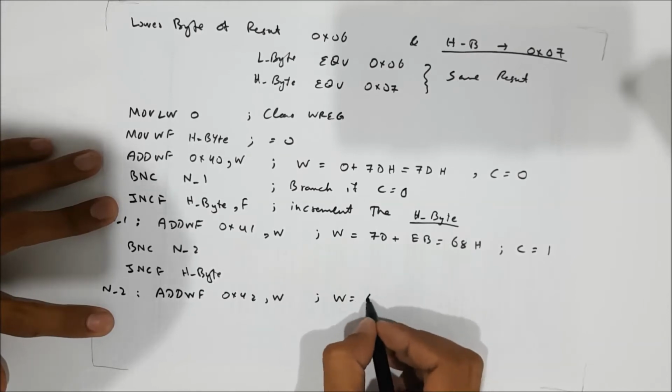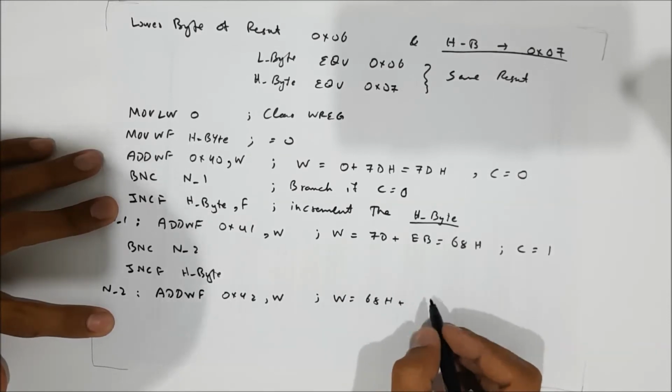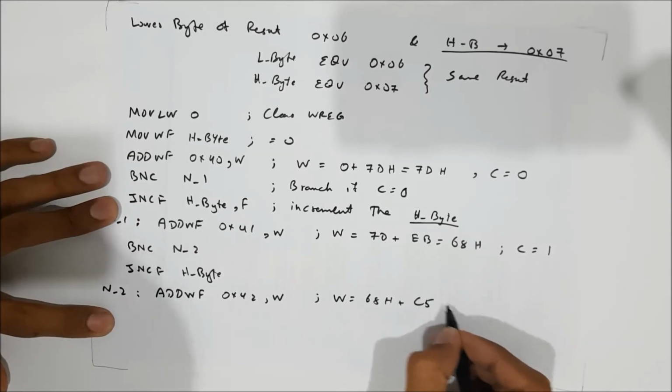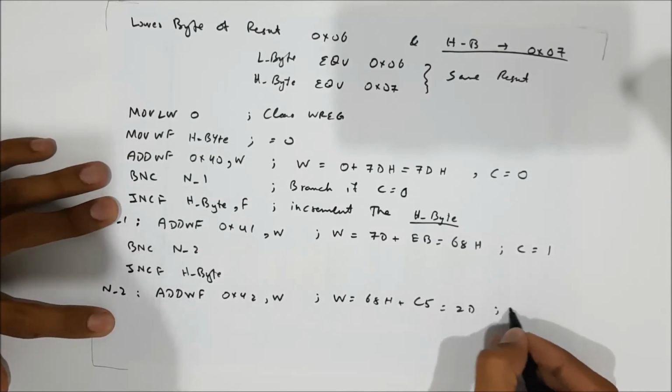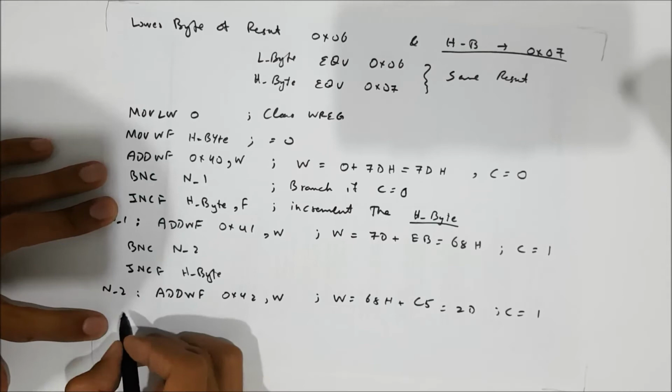W is equal to 68H plus C5 is equal to 2D, and again C is equal to 1.